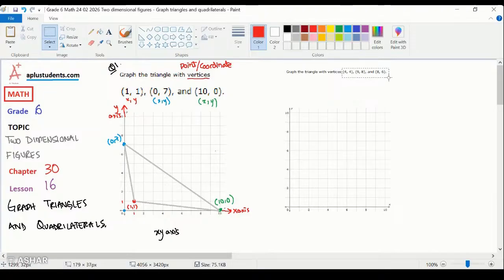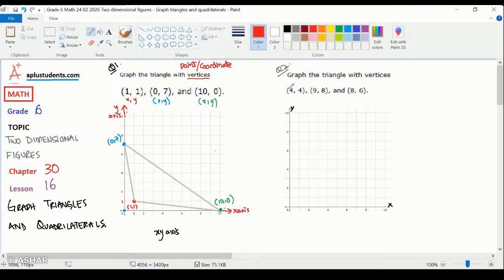The 3 points given are these. So we know that since there are 3 points given to us, this diagram would always form a triangle, right? X-axis with the y-axis.